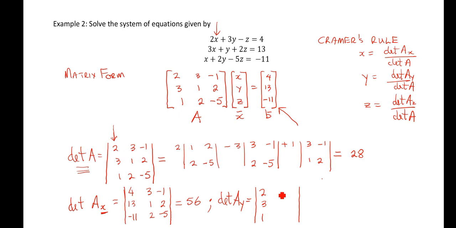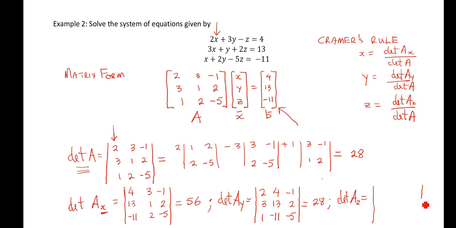Y is in the second column. Remove that second column, replace it by the constant vector, and leave the remaining column. And I get an answer for AY of 28. And then determinant AZ.